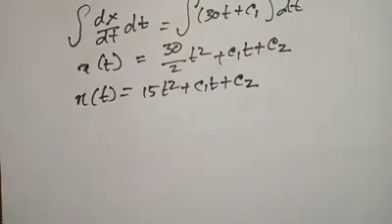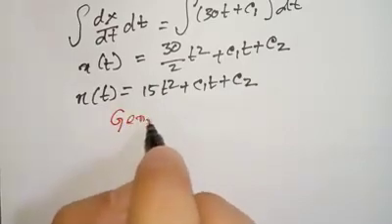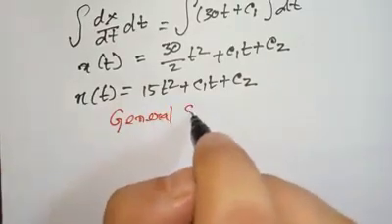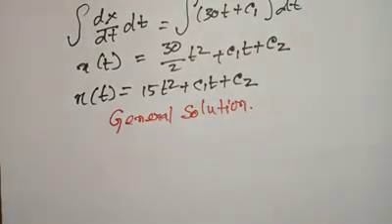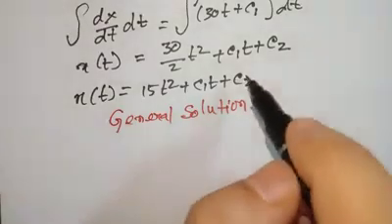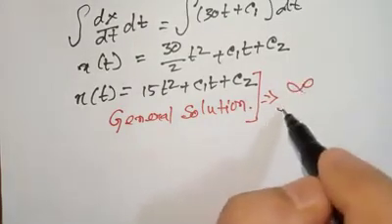Now you see that what we have found here is what we call a general solution. What I mean by general solution is that this particular equation can yield up to infinite results.